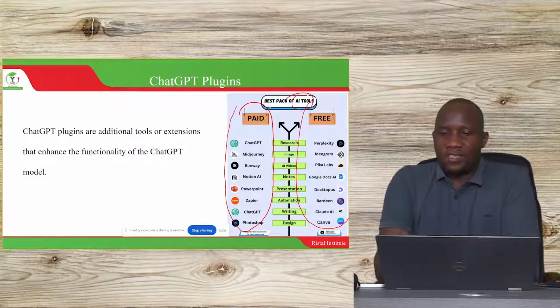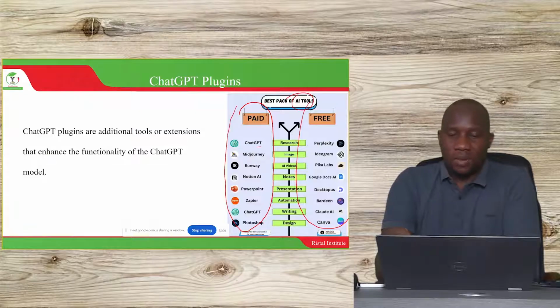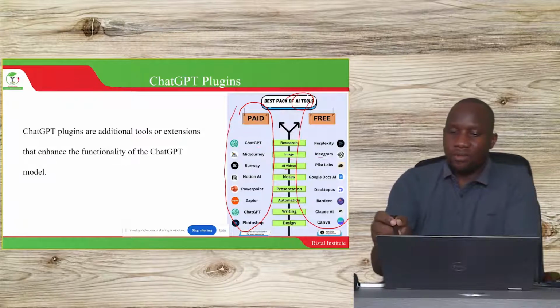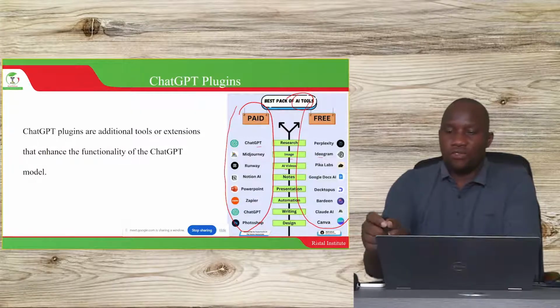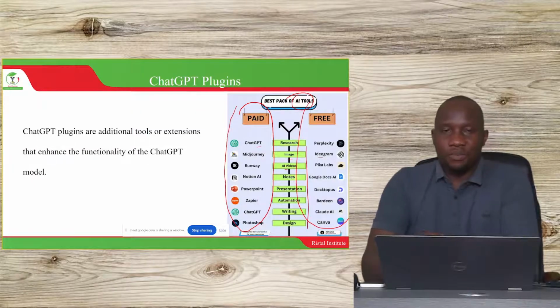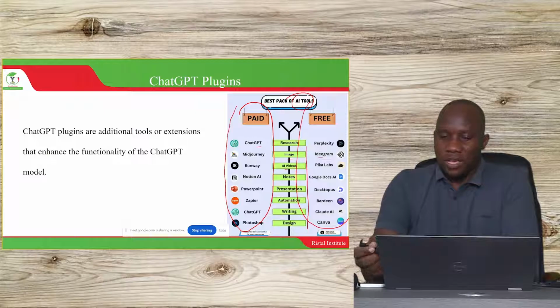If you want to do research, ChatGPT and Perplexity can help you to some extent. Midjourney and Ideogram can help you with image generation. If you want to create videos, you have Collabs. The ones on this side are all free platforms that you can use.